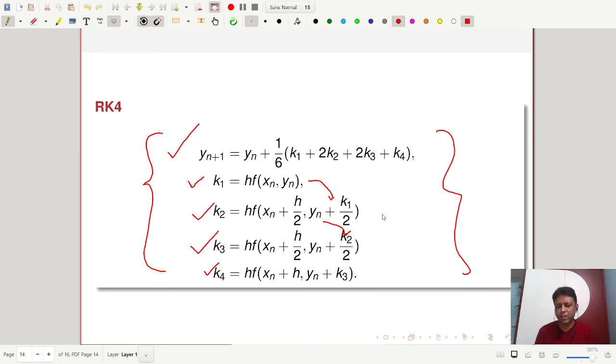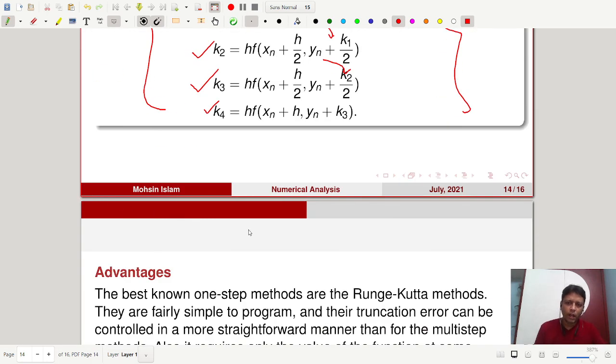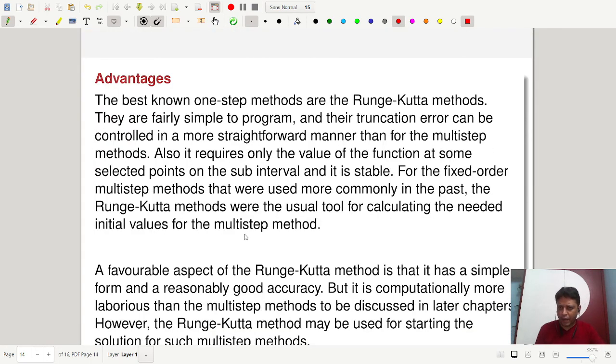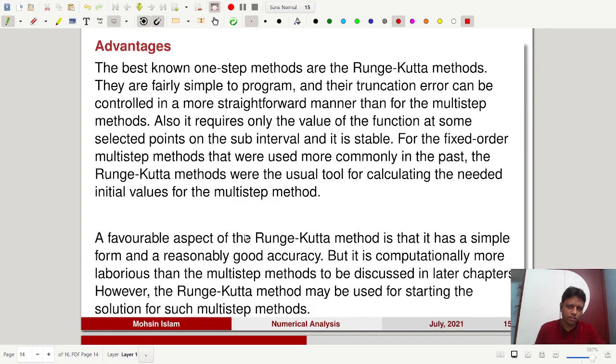So this is about Runge-Kutta second order and fourth order. And fourth order is widely used, a very important method for finding the solution of a differential equation. Now let's come to the last part. What are the advantages?